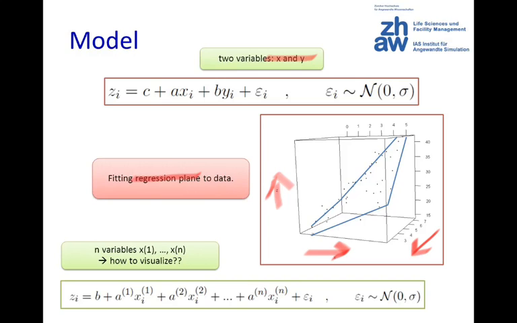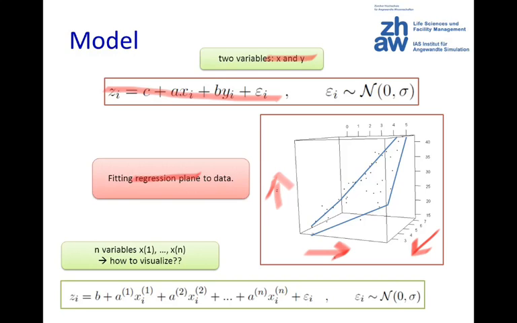Now z is explained through x and y in a linear relation, and if you remember your mathematics course, then you will know that the equation that we have up here is exactly the equation of a plane in a three-dimensional view.